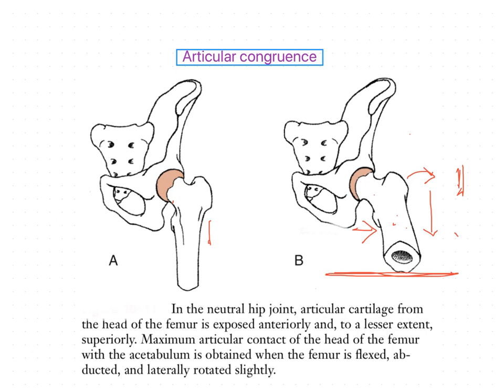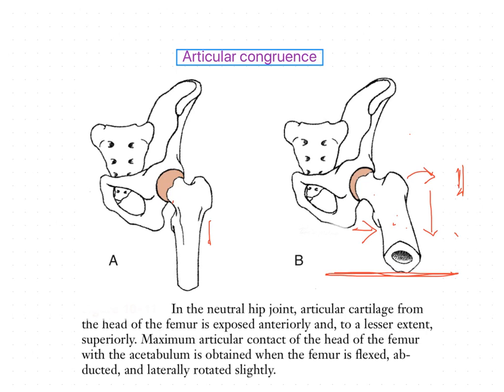This position corresponds to that which is assumed by the hip joint in a quadruped position. According to Kapandji, this position is called the true physiological position of the hip joint.